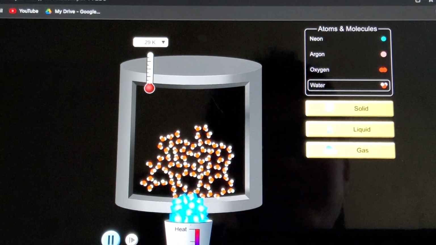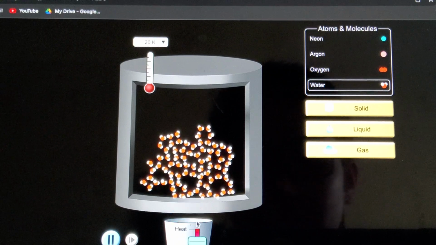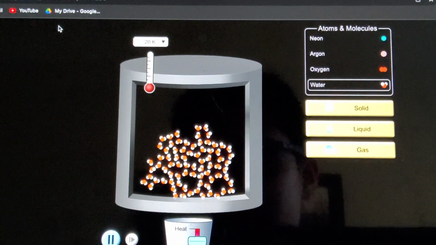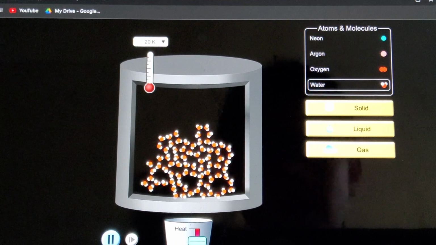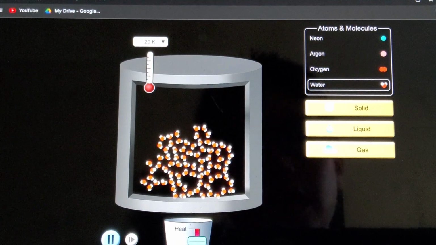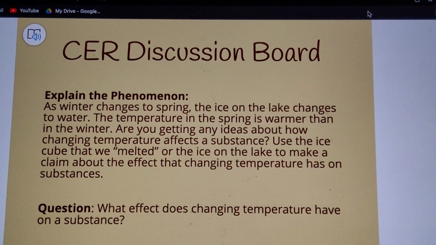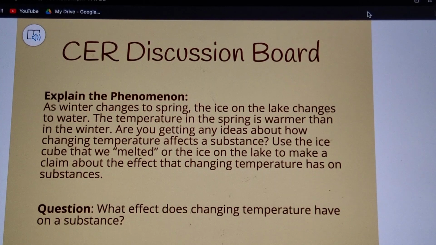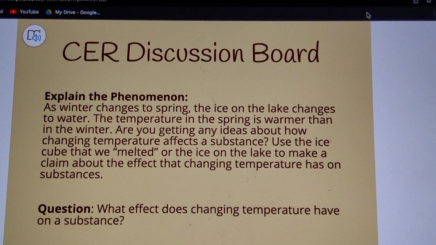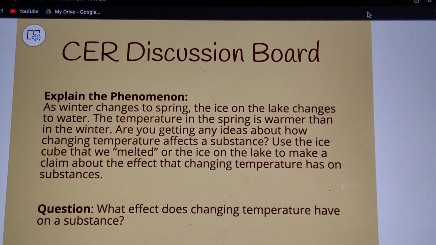So I was saying we added pressure to this bucket, and I wanted to go back to that phenomenon. I just wanted to show you how the ice is close together, then it melts. I was just elaborating how it works.